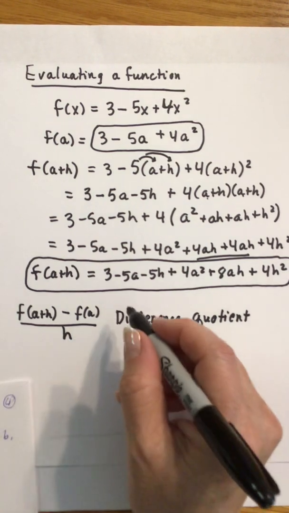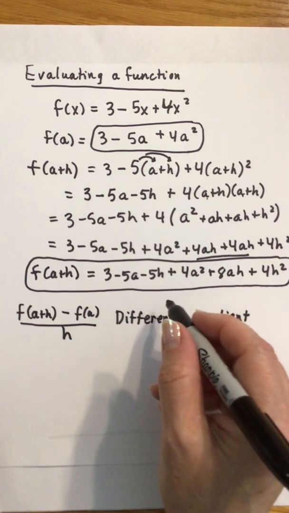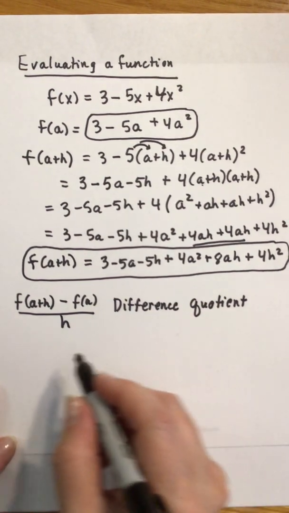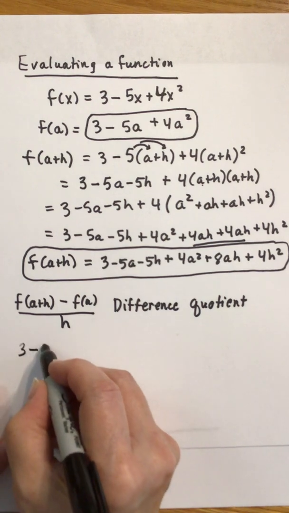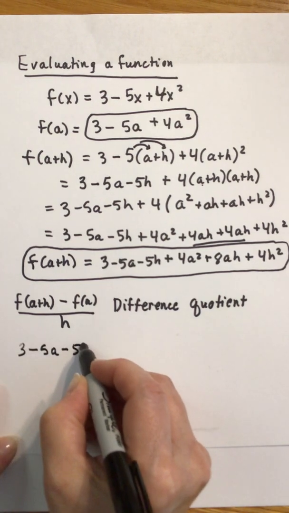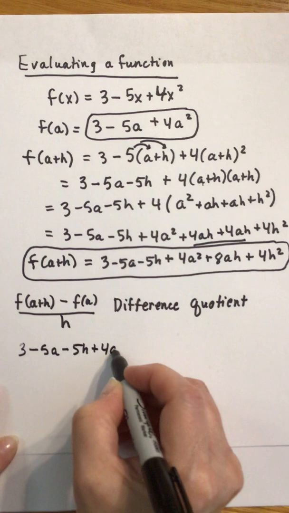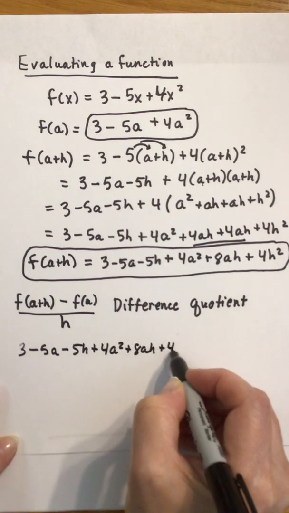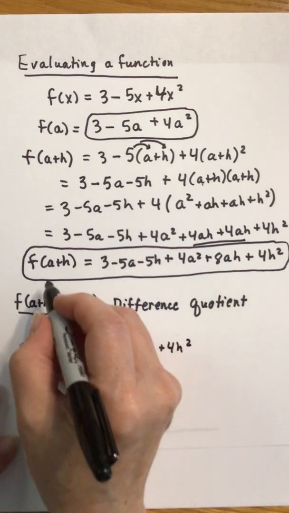So f of a plus h is this long thing, right? So we're going to write it down. 3 minus 5a minus 5h plus 4a squared plus 8ah plus 4h squared. So that's all of this.